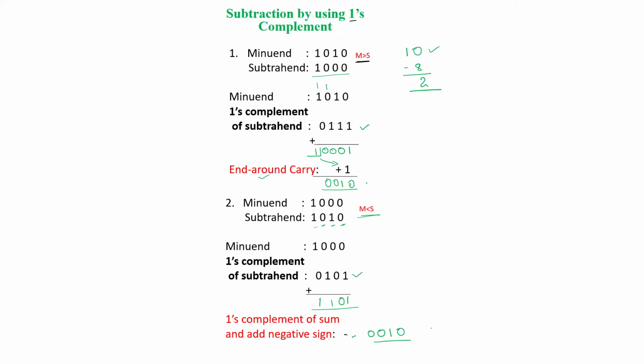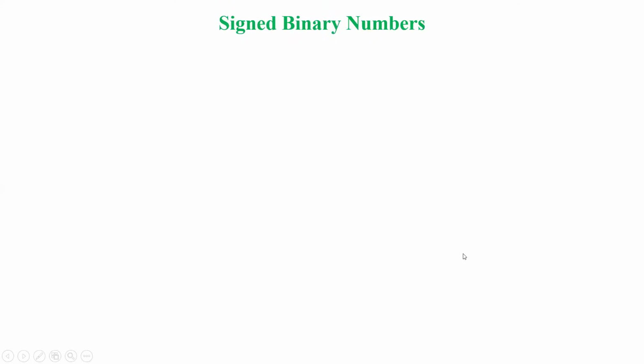Okay, so both you are seeing the same. Here, what is happening in this situation? We are doing 8 minus 10. 8 minus 10 is what? Negative 2. So that can be seen here. So this is how we are able to perform this subtraction with the help of addition by the complement.